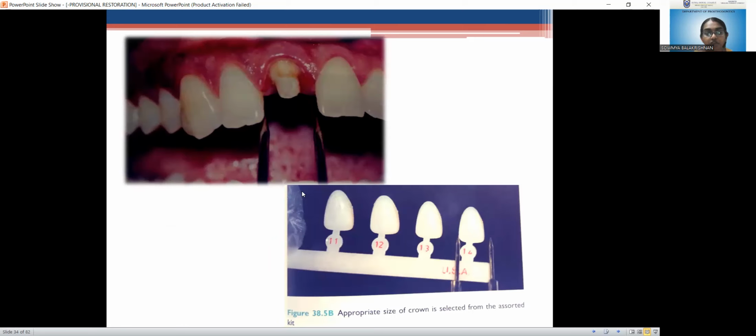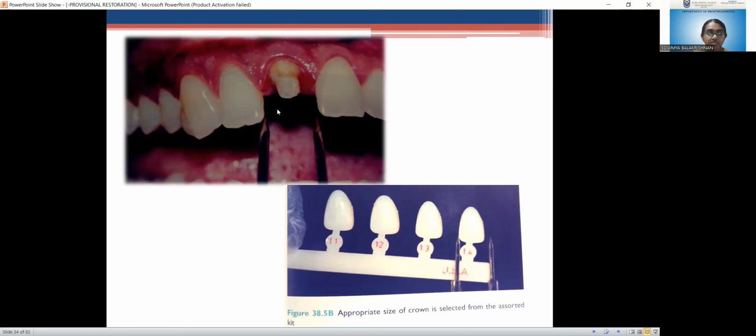Preformed crowns are available like this. Here you can see different sizes with preformed anatomical forms. This is meant for the anteriors. From this assorted kit, the appropriate size of the crown is selected. To select it, we measure the mesiodistal width of the tooth using a divider, as well as the occlusocervical height of the tooth.